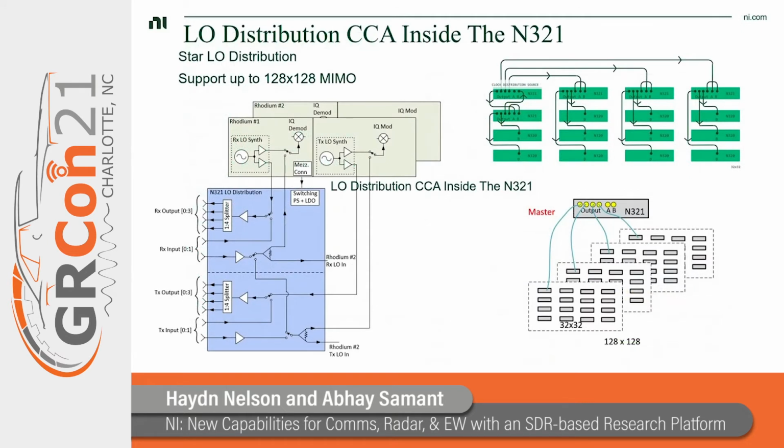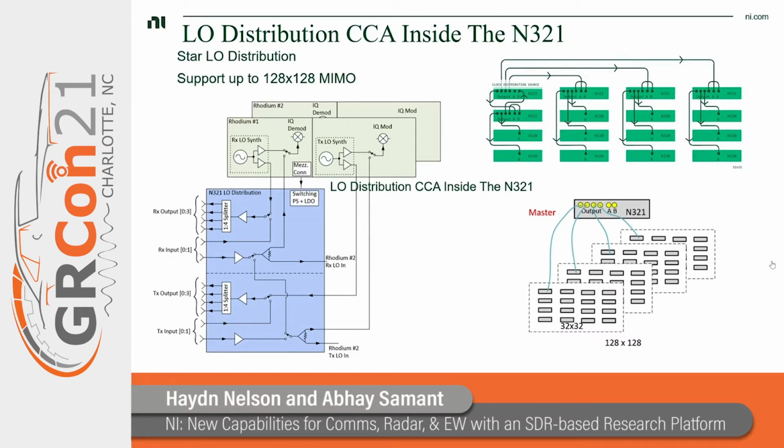Here is a picture of how you do the local oscillator distribution within the N321. There are two flavors of the N32X series: the N320 and the N321. And you can use one of them as a main radio, and then other ones can be the child radios of that, which are inheriting the distribution.